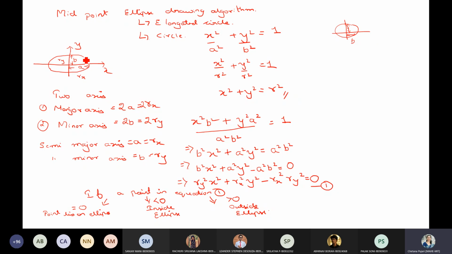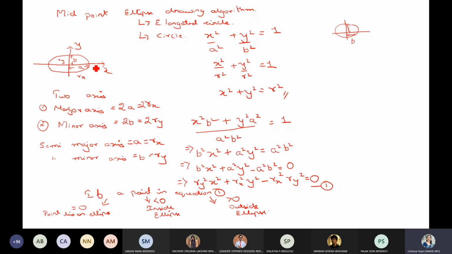The coordinates are not the same, because as your x value changes, your y value varies. You have to decide whether x is changing in an incremental fashion or not. Whereas in a circle, it will always change in an incremental fashion, and you have to decide y. So that varies when you go from circle to ellipse.